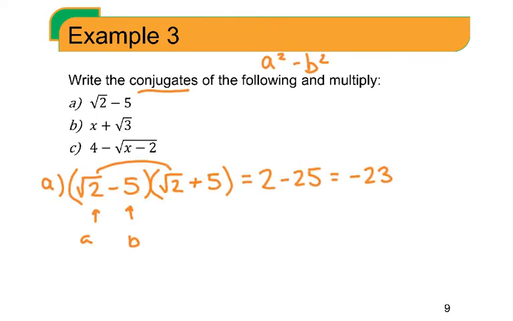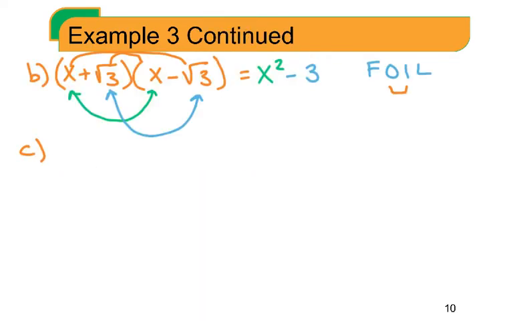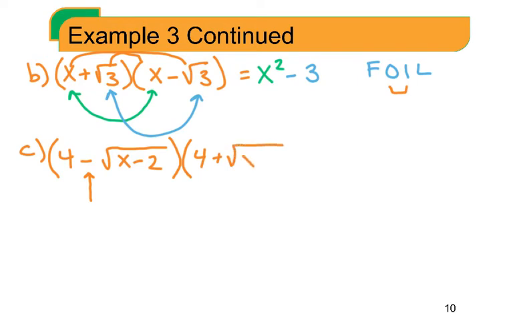And what's the last one? 4 minus the square root of x minus 2. All right, be careful here. What is the conjugate? The only sign we change is the one between the two terms. Now, our pattern tells me it's just going to be a squared minus b squared.